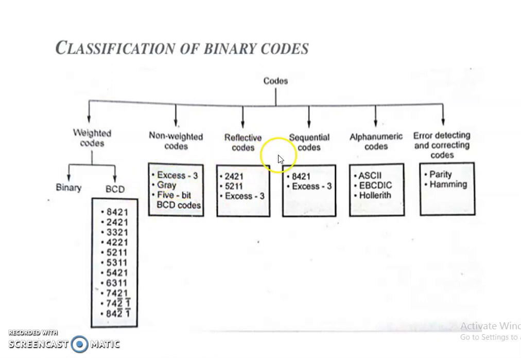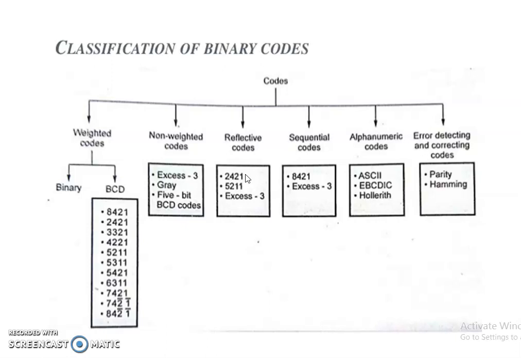Now third we discuss reflective codes. What happens in reflective code? A code is reflective if the code is self-complementing. For example, the code for 9 is the complement of the code for 0, the code for 8 is the complement of 1, the code for 7 is the complement of 2, and the code for 6 is the complement of 3.